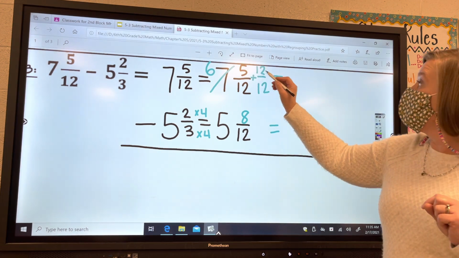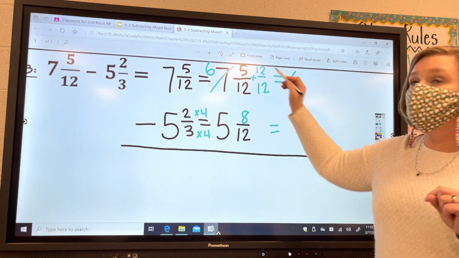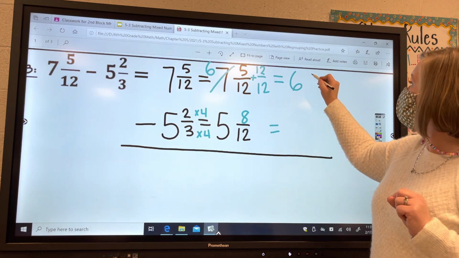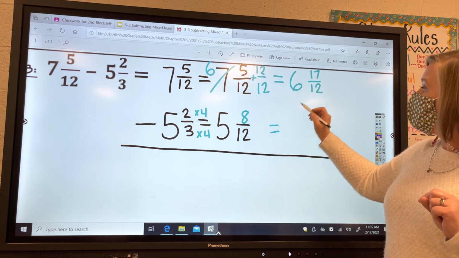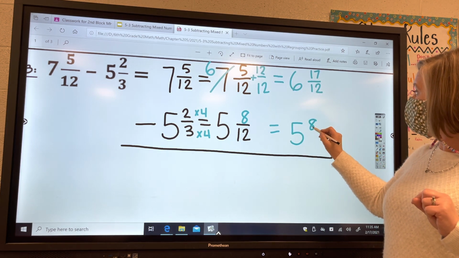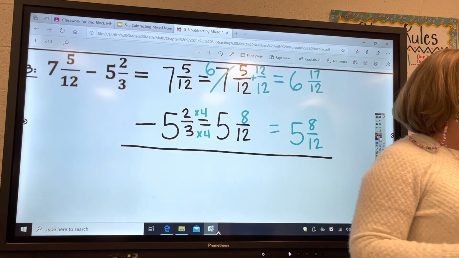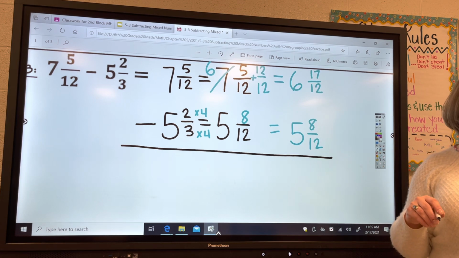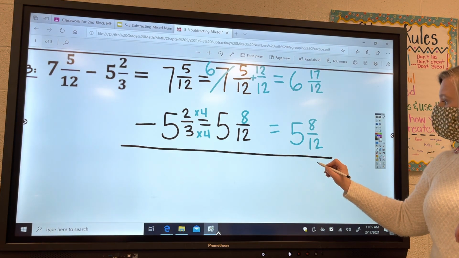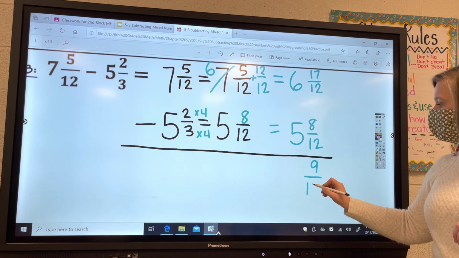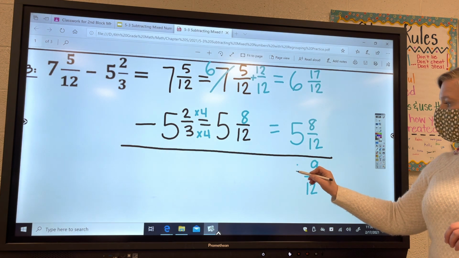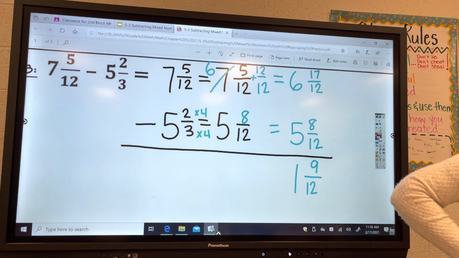So my whole number is 6. 5 plus 12 is 17, and my bottom one stays the same. 17 minus 8 is 9. 6 minus 5 is 1.